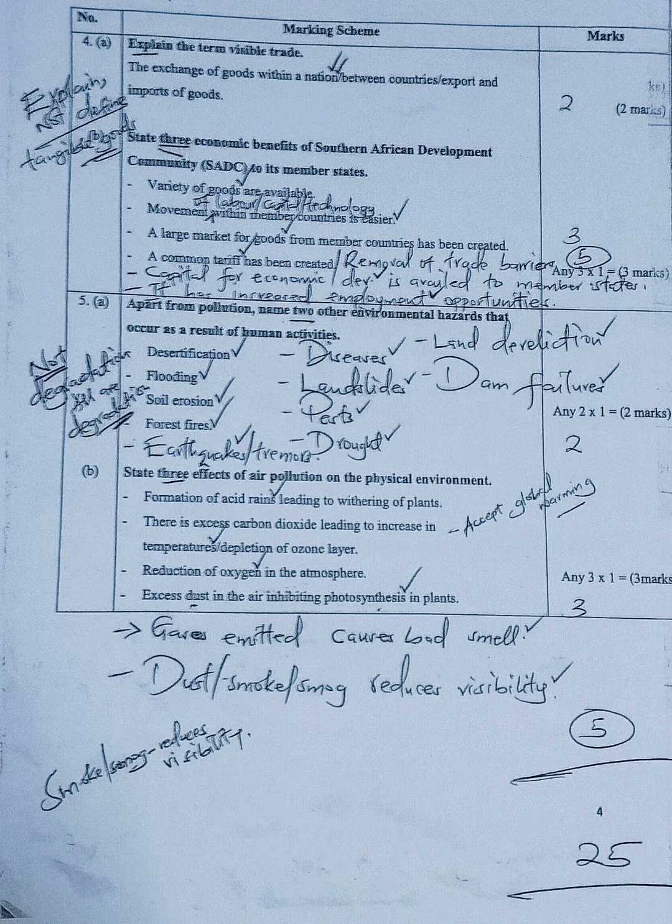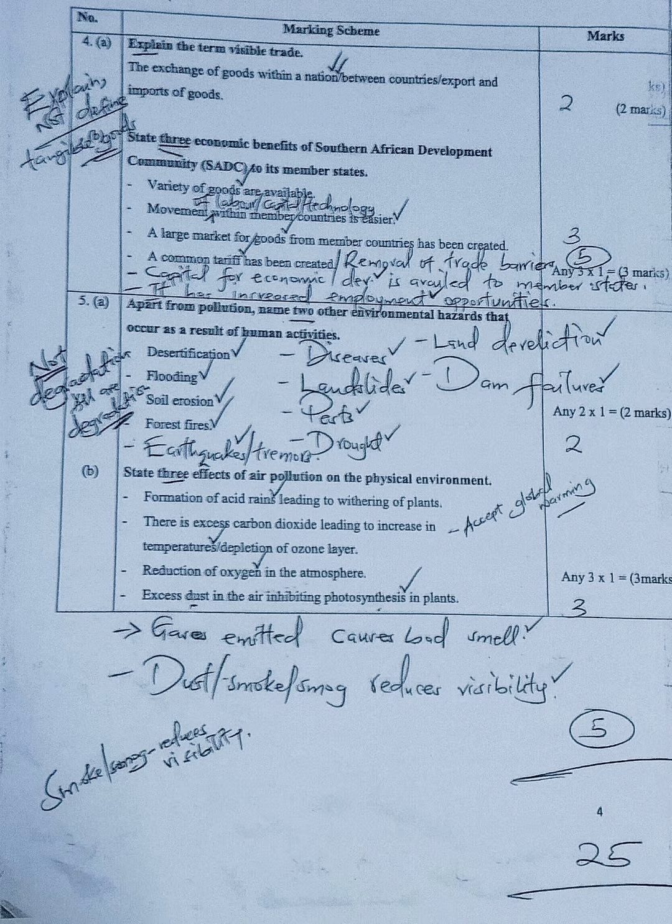Explain the term visible trade, and it's not defined. So we could have talked about tangible goods are exchanged within a nation or between countries. And maybe avoid starting your statement with "it is", because now that would be defining.